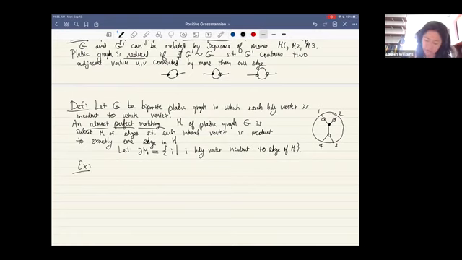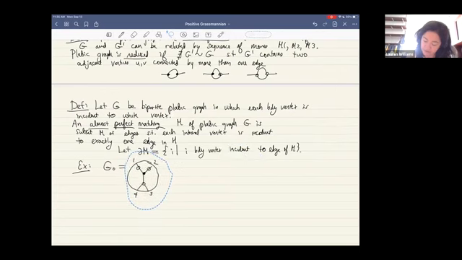So if G naught is this graph here, then the almost perfect matchings are as follows.